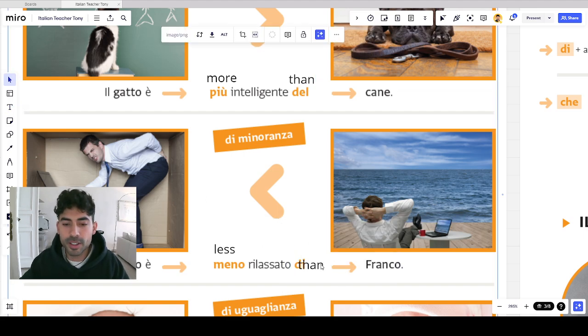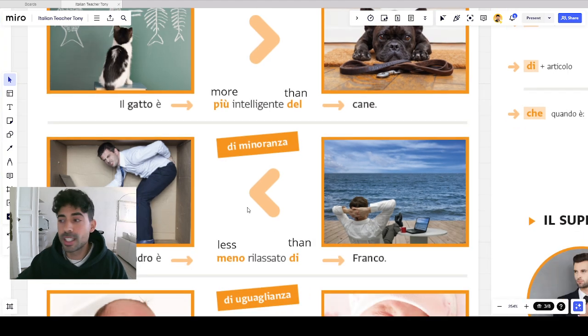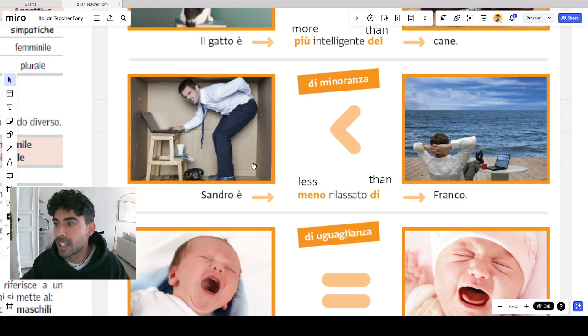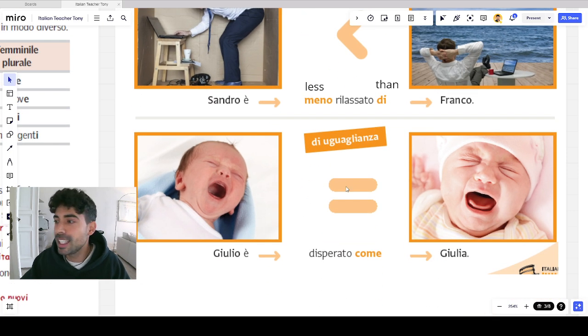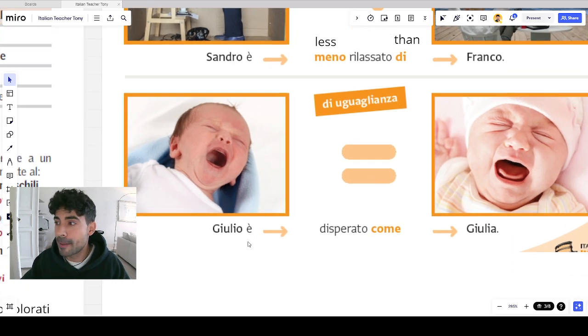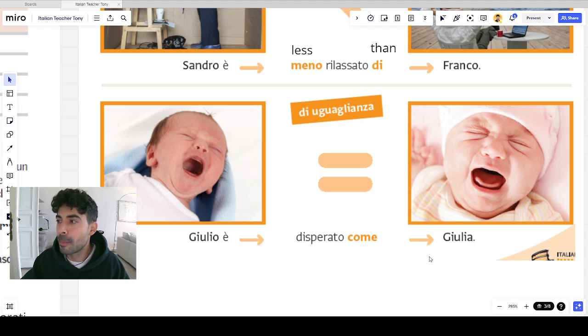Now, we've seen when something is more than something. We have also seen when something is less than something. How do you say when something is equal to something? In Italian it would be Giulio è disperato come Giulia. Giulio is as desperate as Giulia.